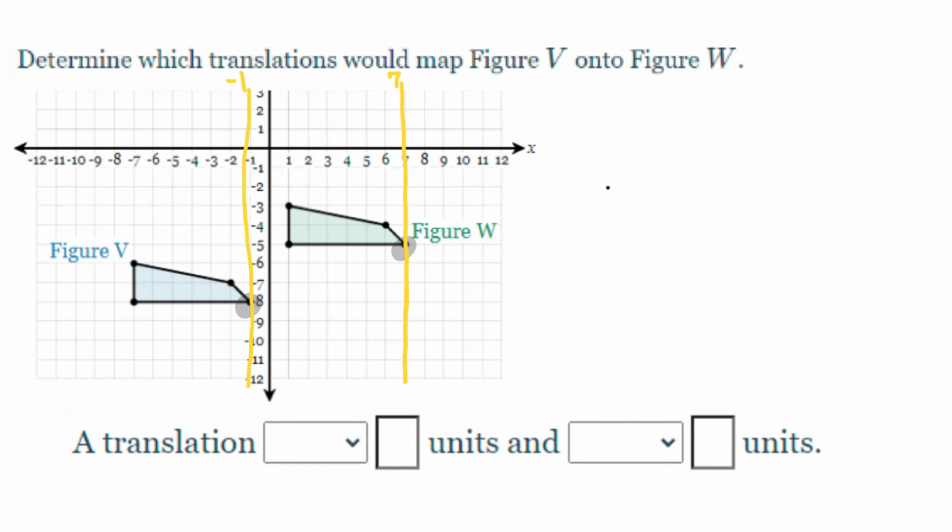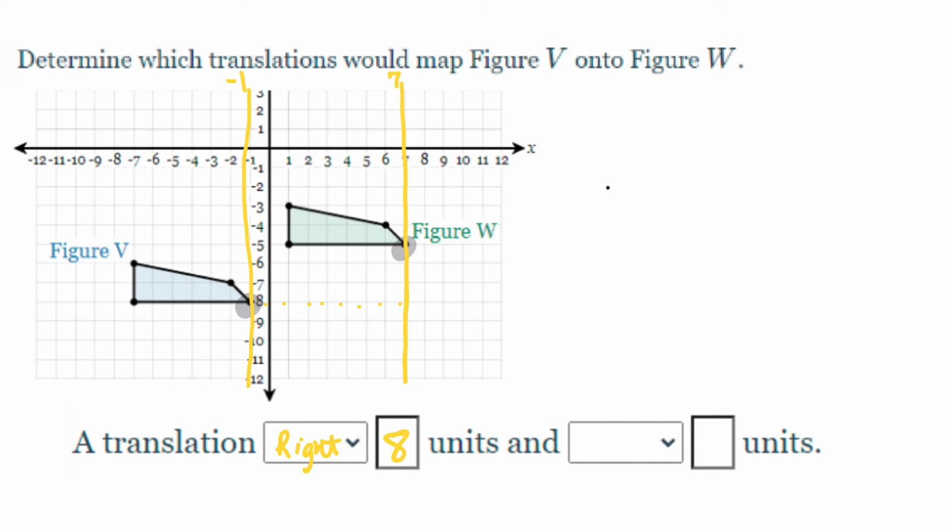Now I can count these tick marks a little better, and then I can always double check. So if I count this over 1, 2, 3, 4, 5, 6, 7, 8, and then of course my numbers make sense. To go from -1 to 7 is a change of 8, so I've translated right 8 units.